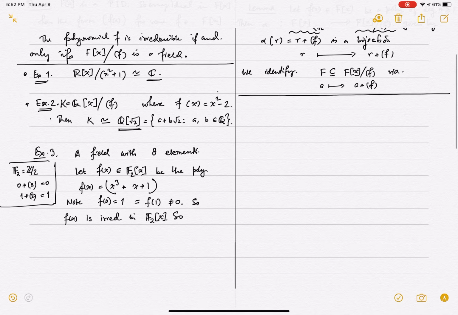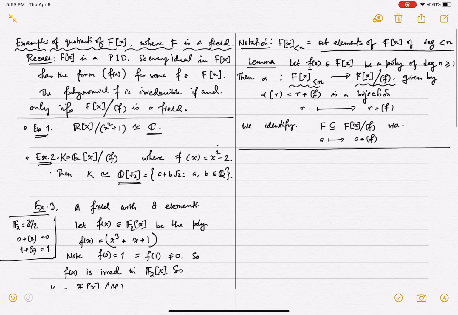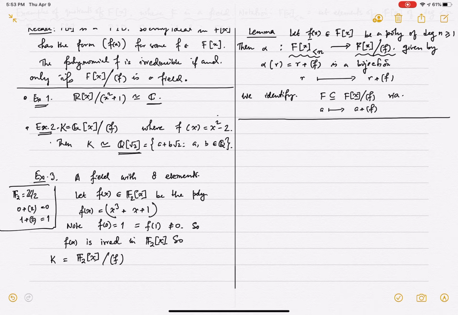So if you take F2[x] mod the ideal generated by this polynomial, this is actually a field. That's our theorem: a polynomial irreducible in F2[x] means that the ideal it generates is a maximal ideal, which implies that this quotient is a field.